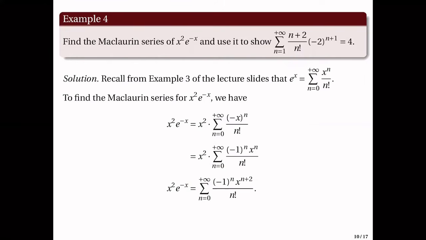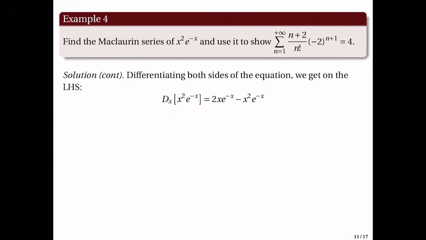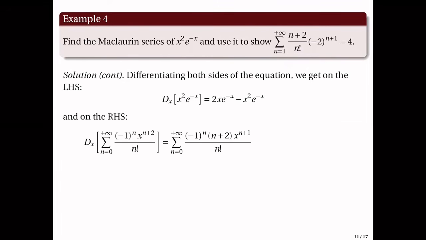coefficient, no? So if we differentiate both sides of this equation, una muna yung left-hand side, differentiating this with respect to x, we get this. And then differentiating the series on the right-hand side, we get this. Again, pag nagde-differentiate tayo, we're only differentiating the terms containing the variable.